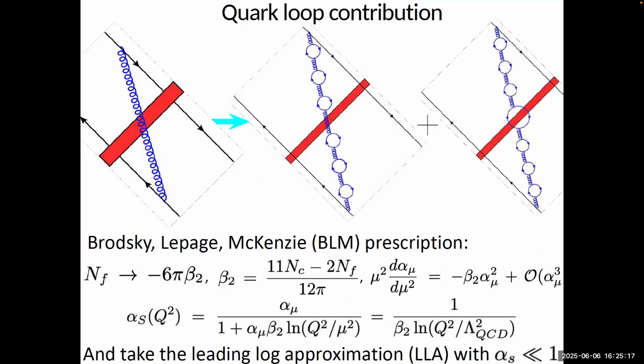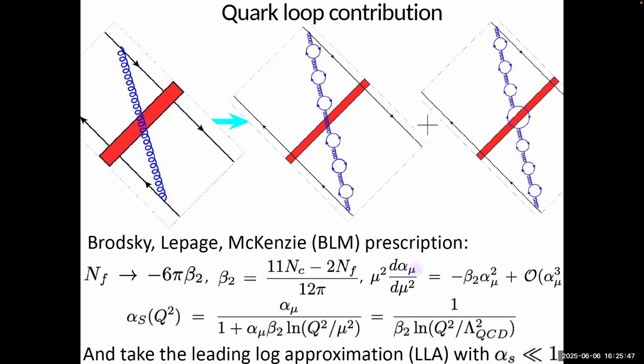That means we can take into account infinite quark loop contributions in the gluon lines. And this is very simple. We need only to replace nf as follows. This beta 2 has this form, and it is related to the QCD beta function. So doing this substitution in the previous result, we will be able to resum all quark bubbles.